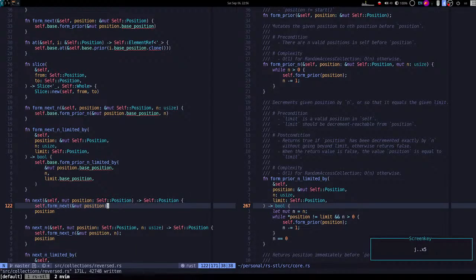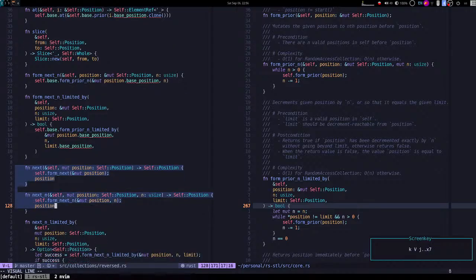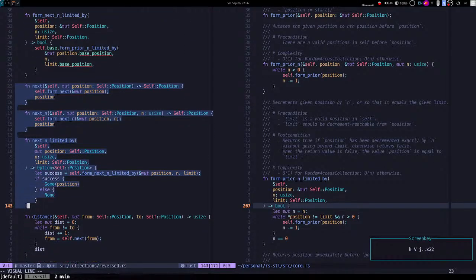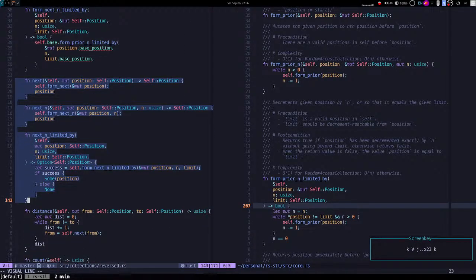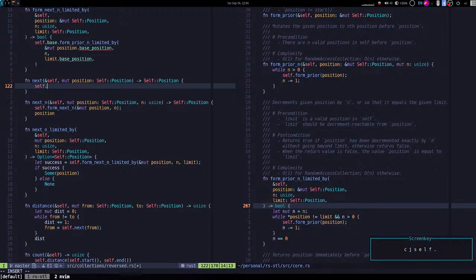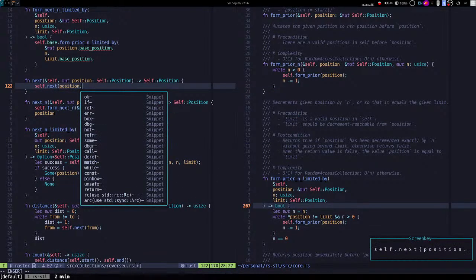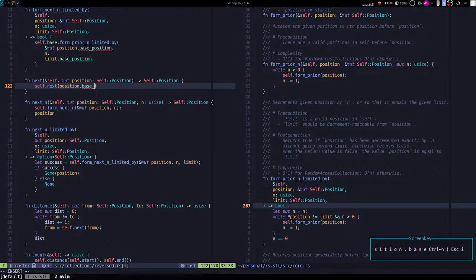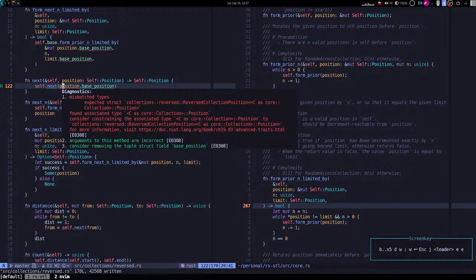So now next, I guess next and next and all of this, how should it be? Should it be like self.next and position.base_position, right? Hmm.